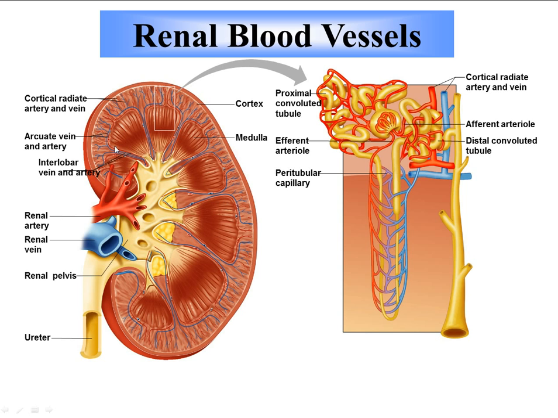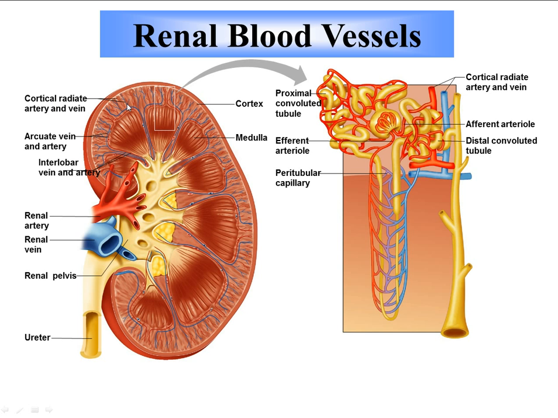It's passing in between these pyramids. Passing in between the pyramids would be the interlobar artery, and then it branches into the arcuate arteries, and it branches even more into the cortical radiate arteries in the cortex.